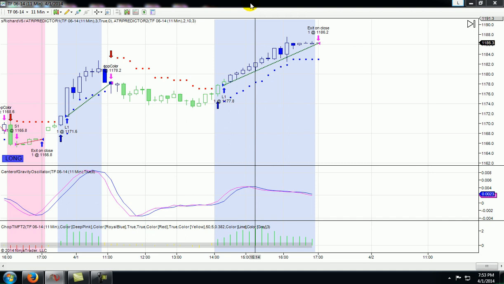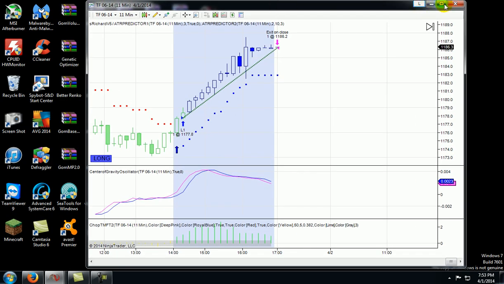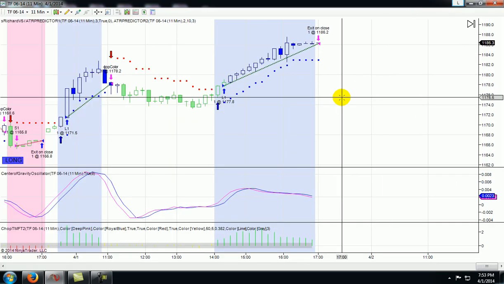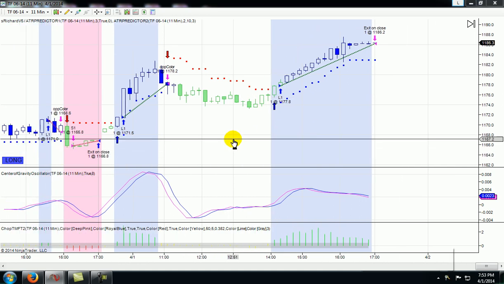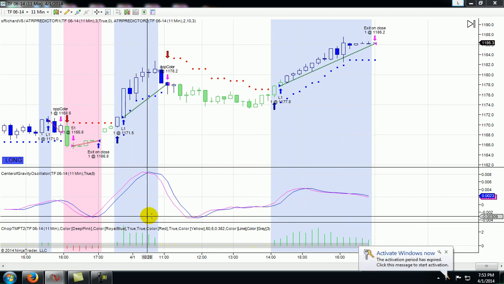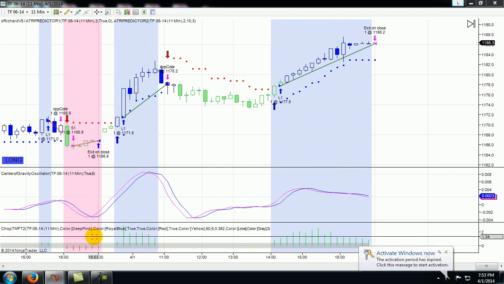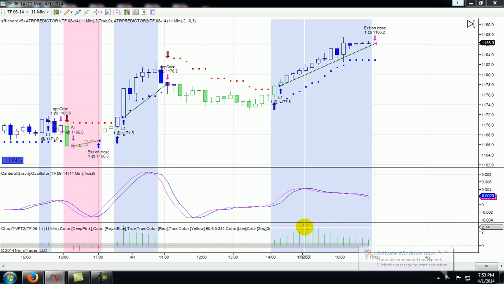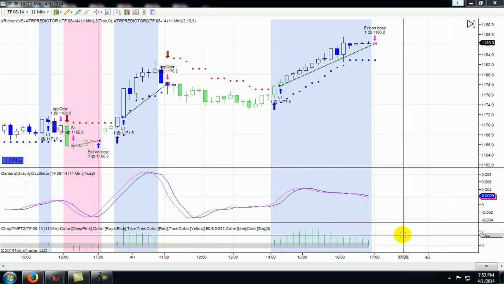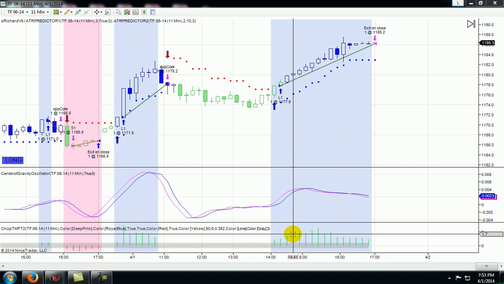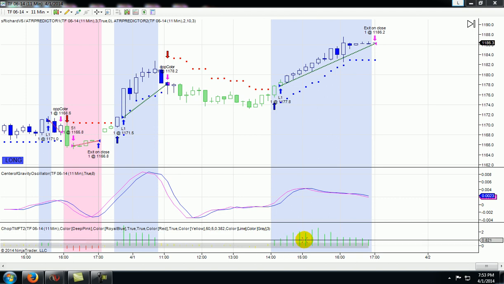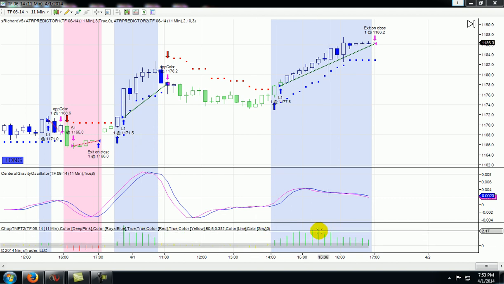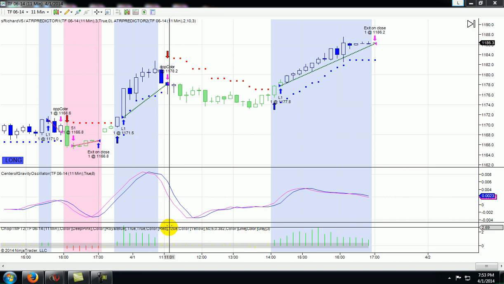I'm also in the process of trying to optimize this chop meter here, as for some reason when I had this put in the code, I didn't opt for it to be optimizable, to adjust the parameters and allow it to be optimized as well.